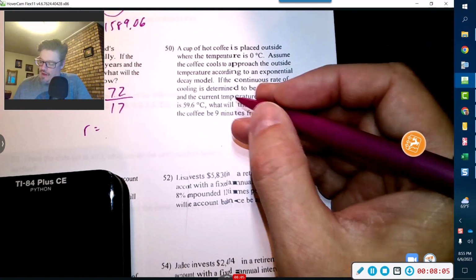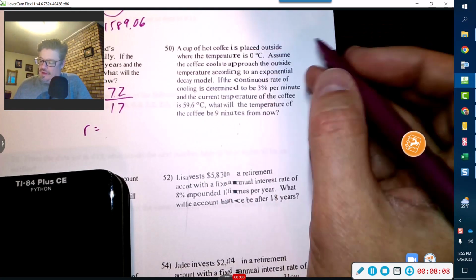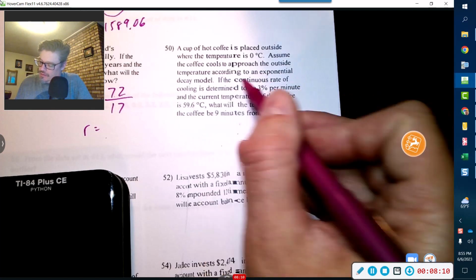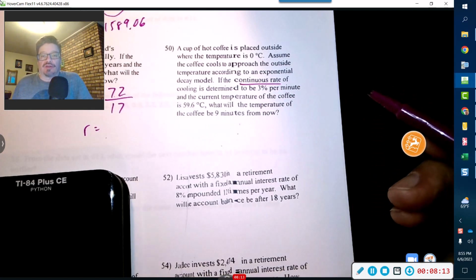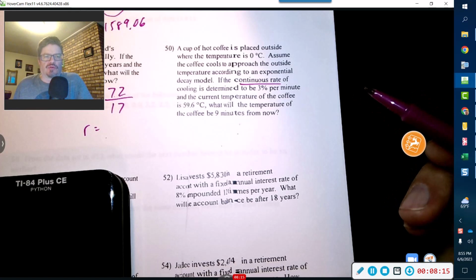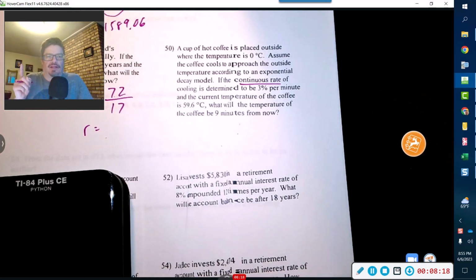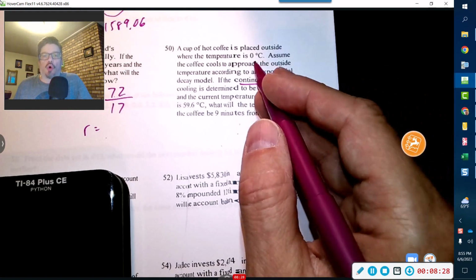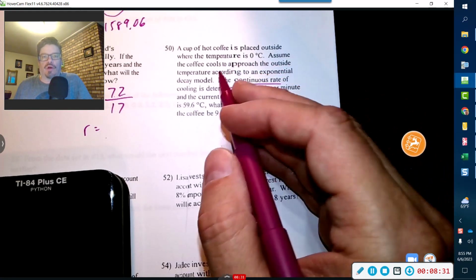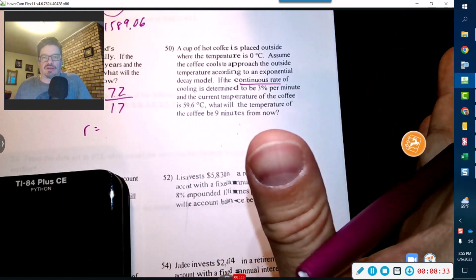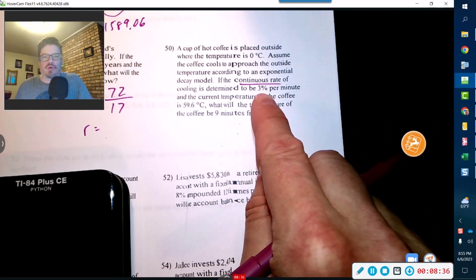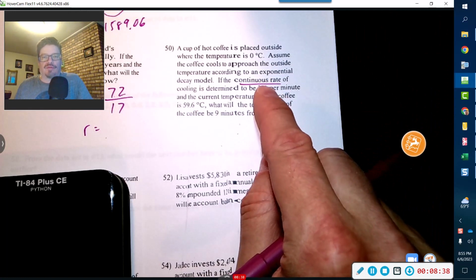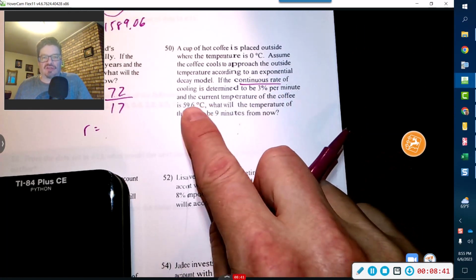Okay, so looks like we have a continuous rate of change. All right, which is obvious, right? Temperature cooling. It doesn't just click, you know, each minute to a certain point. It's always continuous, right? So it's colder outside, and it's going to approach 0 degrees, but it's going to drop 3% every minute, and it started at here.